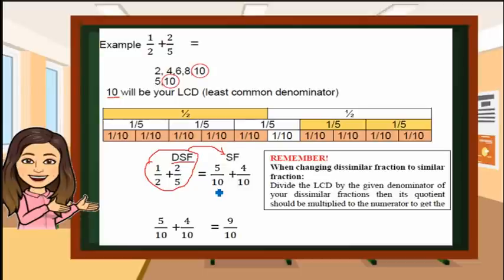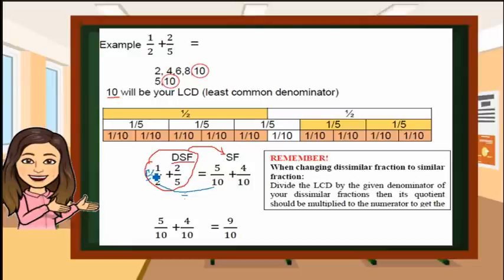So, 10 divided by 2. How many 2s do we have in 10? We have 5, right? Then, we will get 5 as our quotient.